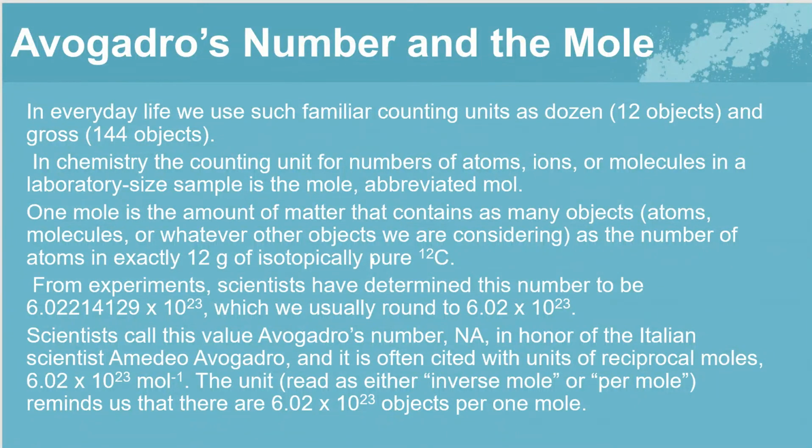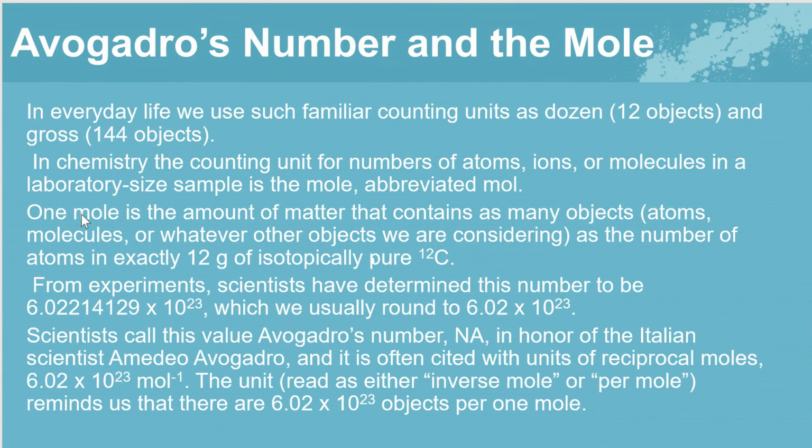In honor of the Italian scientist Avogadro, it is often cited with the units of reciprocal moles, which we see here. The unit is read as either inverse mole or per mole. It reminds us that there are 6.02 times 10 to the 23 objects per mole, right?